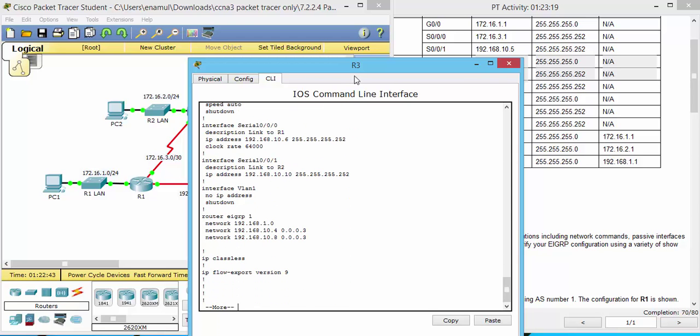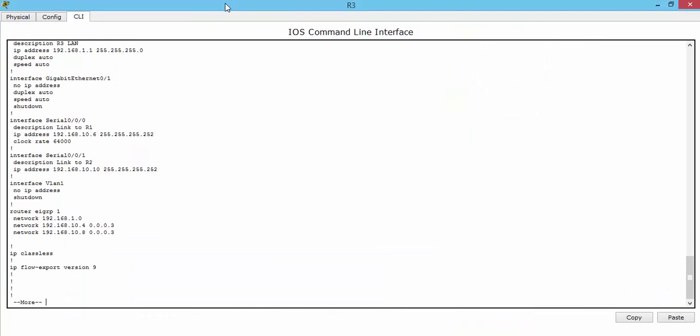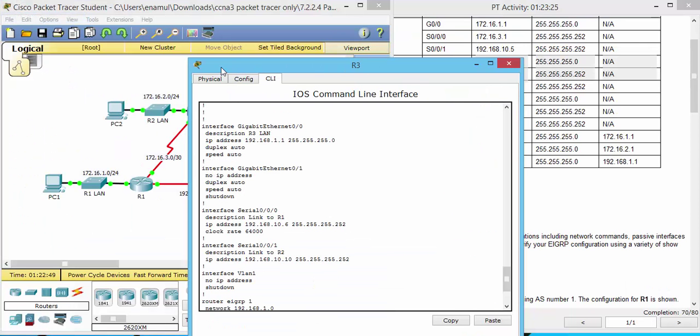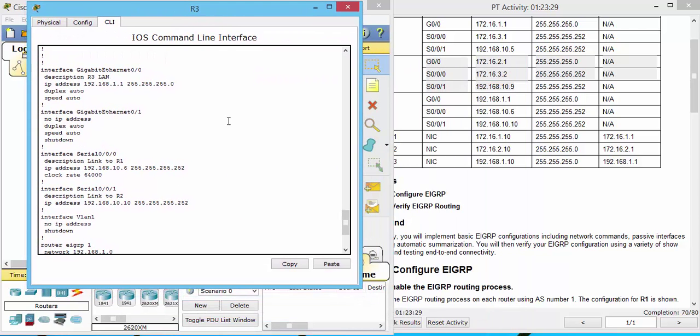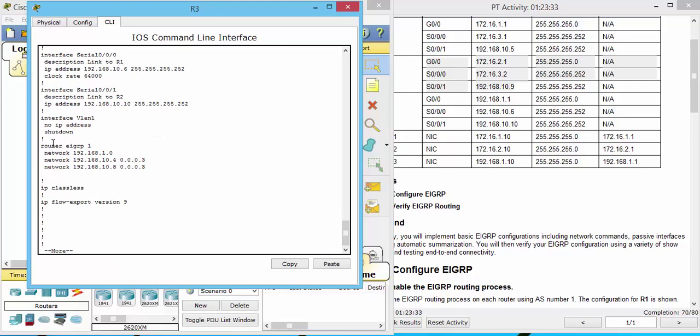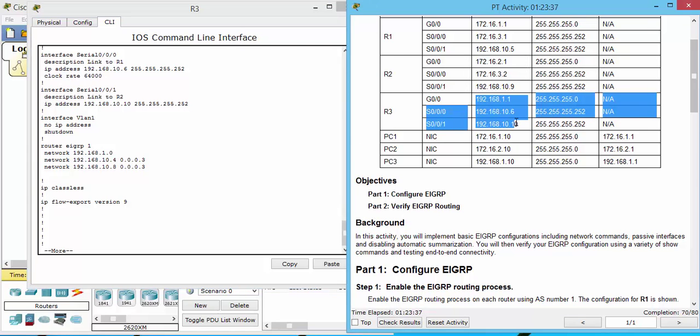All right, in R3, this is the network 192.168.1.0, 10.4, and 10.8. Everything looks all right.